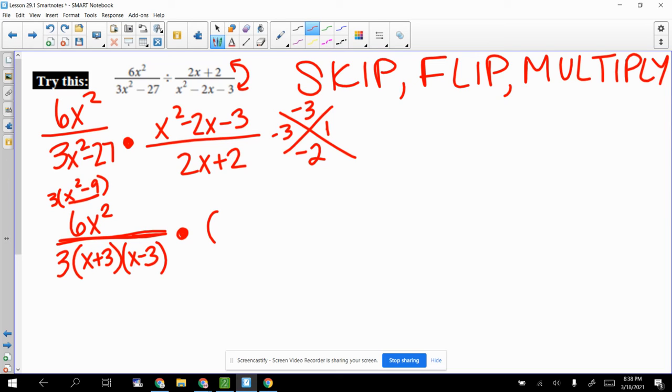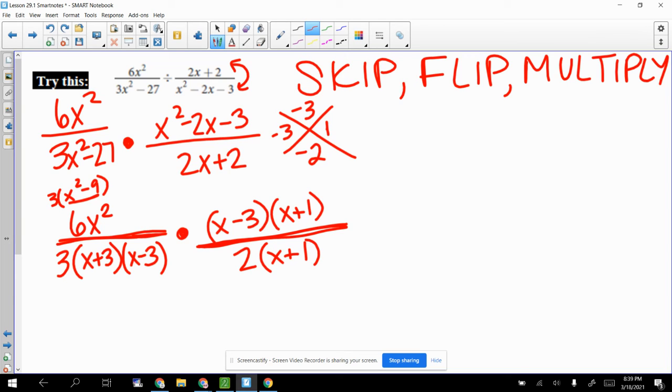So I'm going to write those as x minus 3 and x plus 1. And then last, we have our last denominator here. And so that's 2x plus 2. So I know I can take out a GCF of 2, and I'm left with x plus 1.